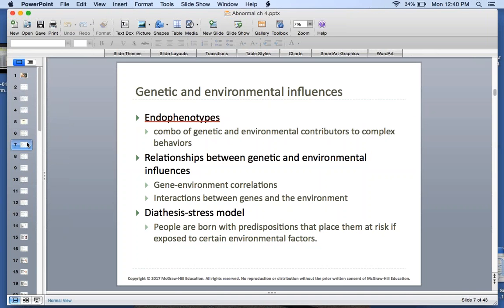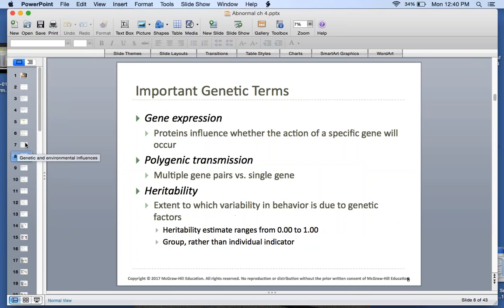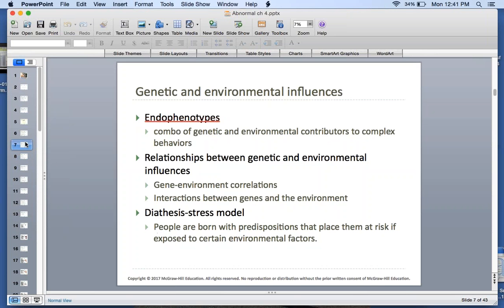There's this term, I do want you to know it: endophenotypes. So we have phenotypes and genotypes, all these things, and then we have endophenotypes, which is generally the term for the combination of genetic and environmental contributors.